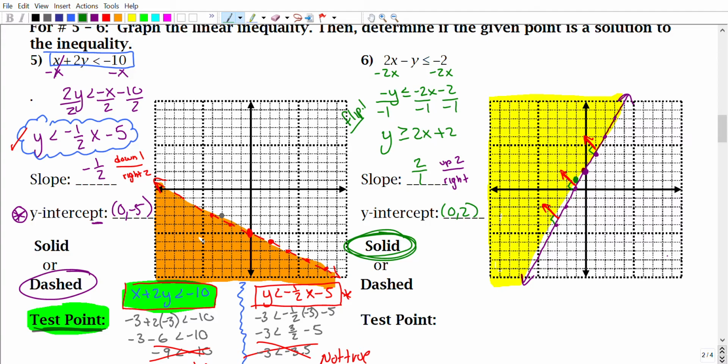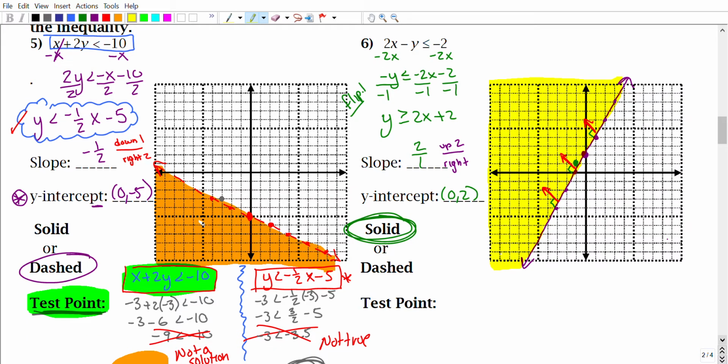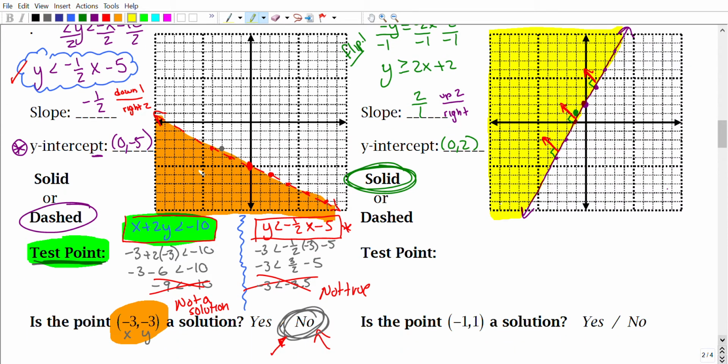Now, that is on the left side of my line. Okay, it's in the shaded region. So it should be a solution. I'm going to make almost like a prediction here, and I'm going to go ahead and say yes. This (-1, 1) is going to be a solution, but let's test it out.